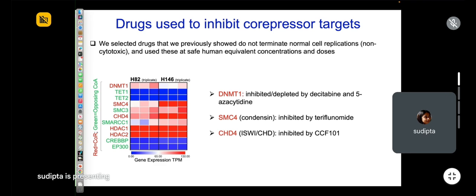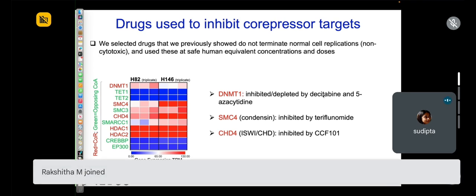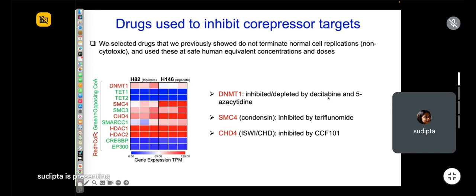And also teriflunomide, it's not for cancer treatment, but doctors have been using it for multiple sclerosis for ages.